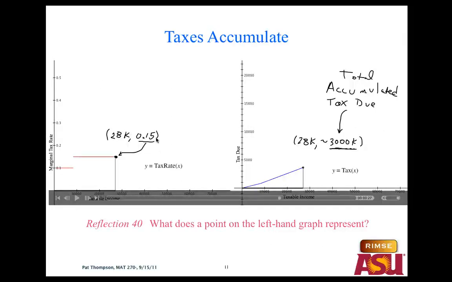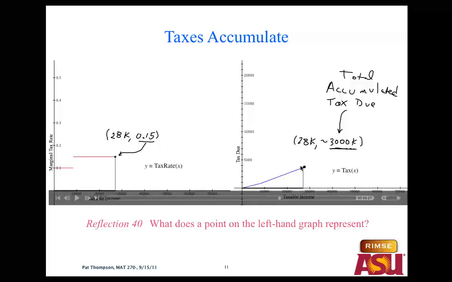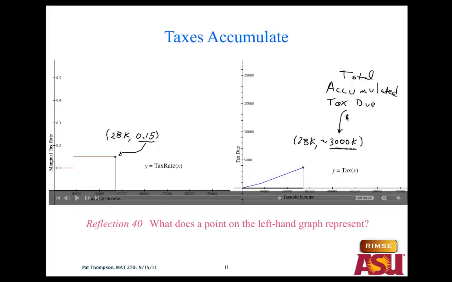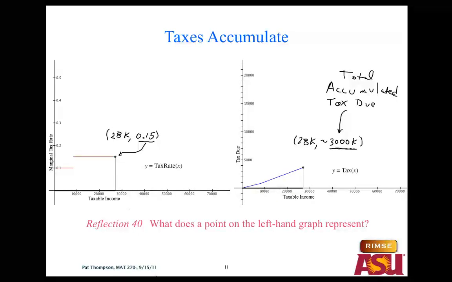The rate is just for the next dollar or the previous dollar, right? But this point represents the sum total of all the accumulated tax due for the first $28,000. Make sense? Okay, cool.